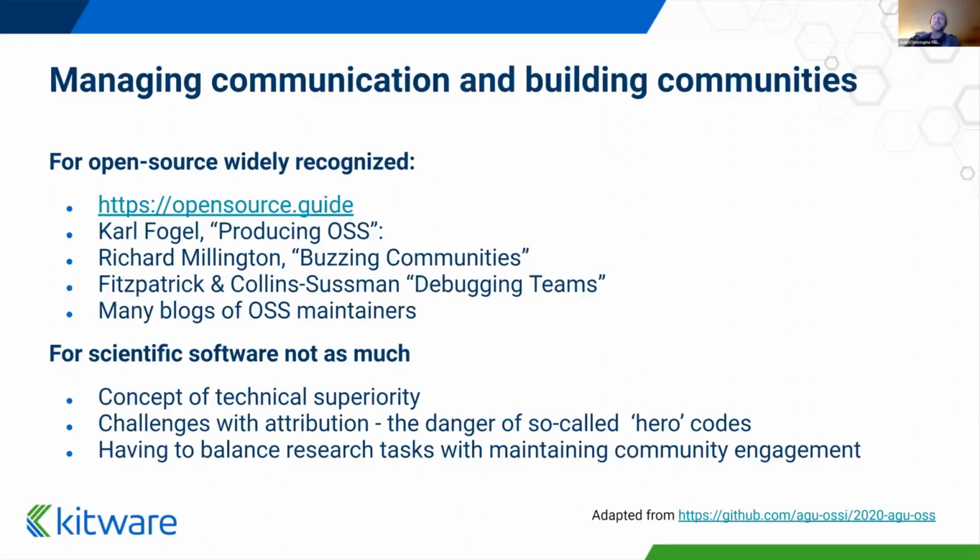One of the challenges in the context of scientific software is that you usually have some single developer putting together an algorithm, what we call the hero code, so there's less of a community around the software, and that brings some challenges. There's a challenge between coming up with publications and also maintaining a community around software.